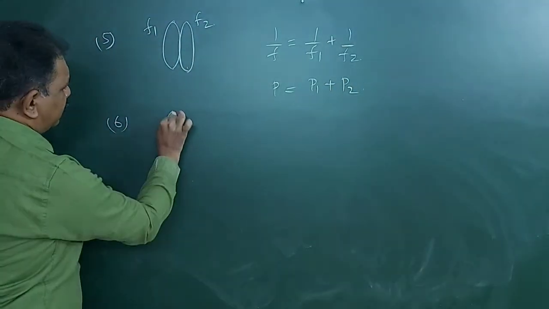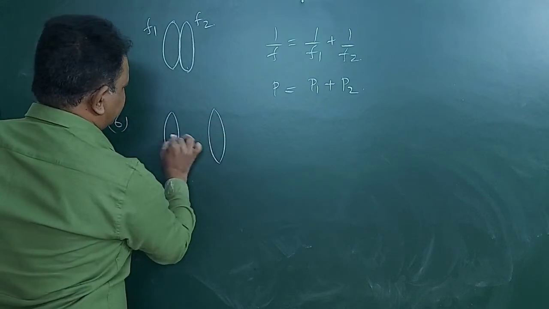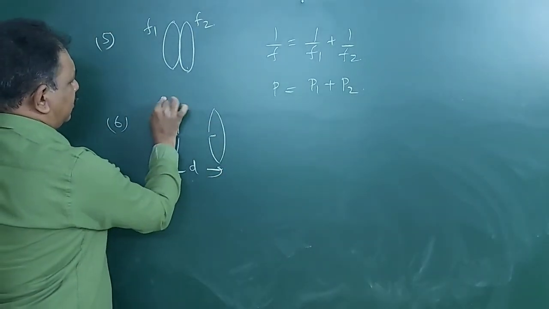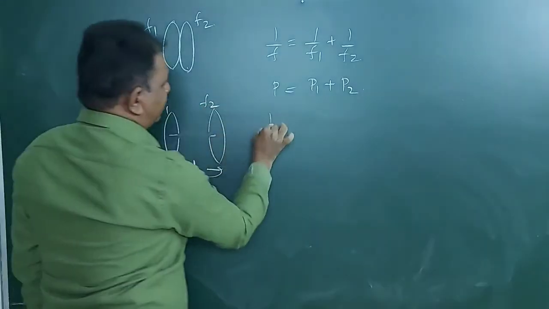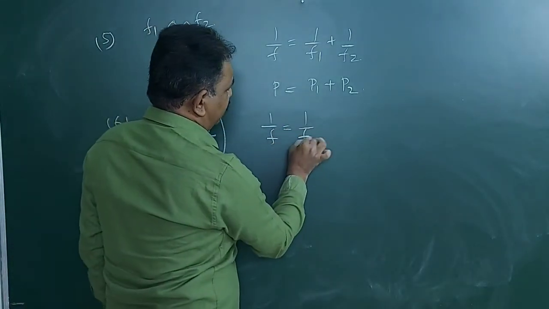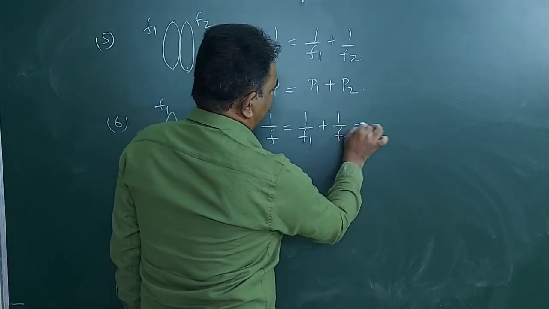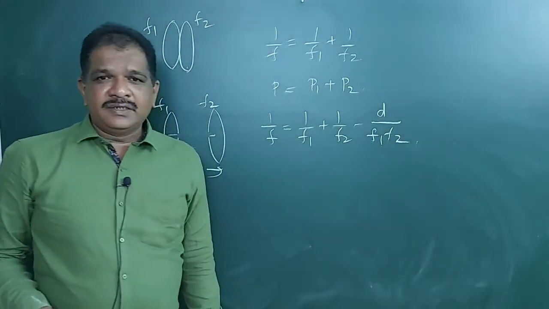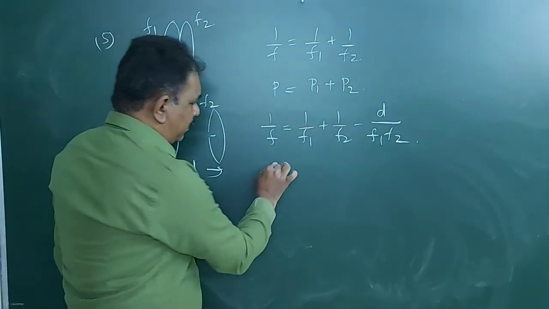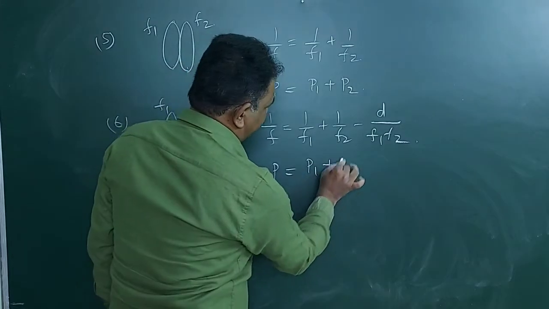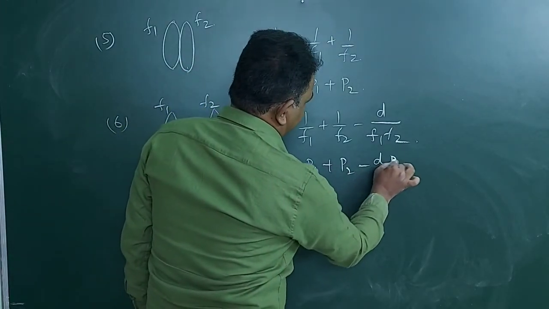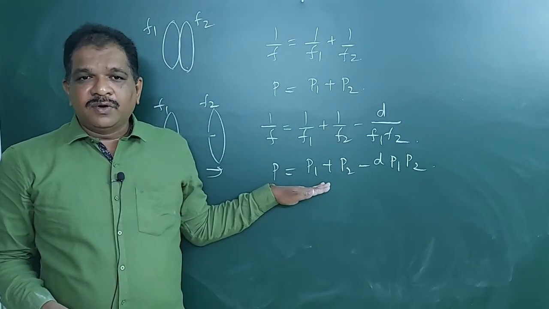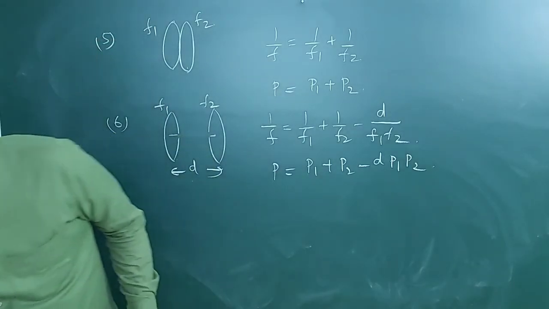If two lenses are separated by some distance d, focal lengths are f1, f2. Equivalent focal length will be 1 by f1 plus 1 by f2 minus d by f1 f2. Here power P is equal to P1 plus P2 minus d P1 P2. These formulas we will use here.